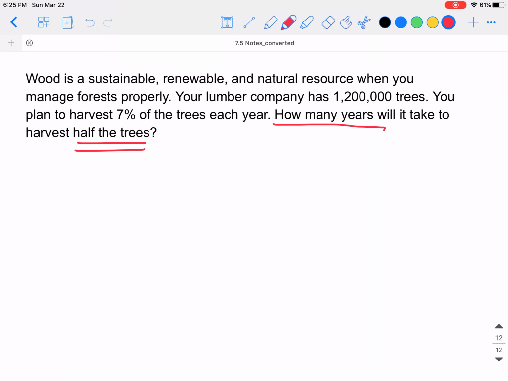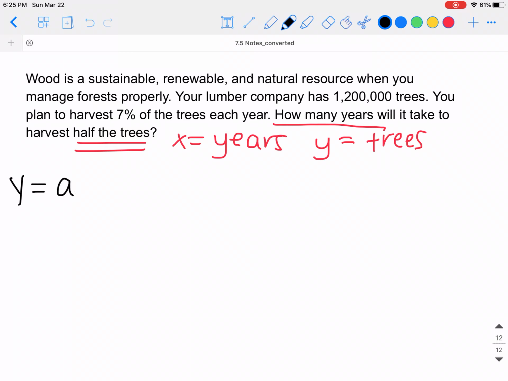So to start, we're going to assign some variables. So we're going to have x equals years and y equals the number of trees. For our exponential equation, we're going to use y equals a(1 plus r)^x.